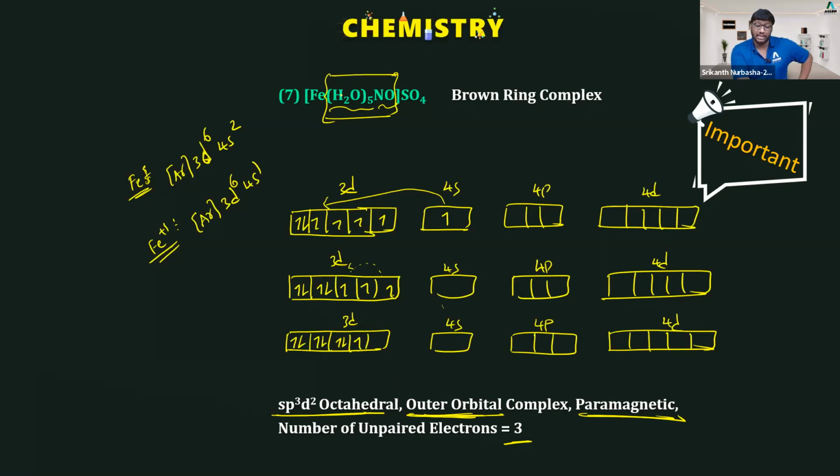So if you require 6 vacant orbitals, you cannot have one 3d orbital. 4s and 4p will include 4. Either you have to include both 3d orbitals or you have to include both 4d. There is no possibility of hybridization happening with one 3d and one 4d because of the energy difference.